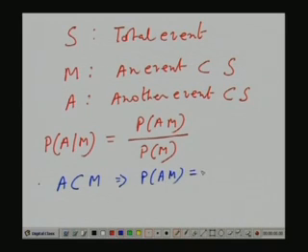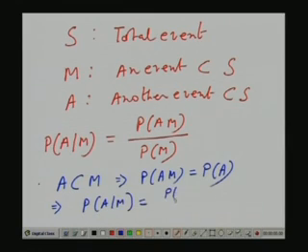So, P of A M is equal to P of A. In that case, P of A given M is P A by P M, which is surely, I am assuming that P M is non-zero, so this division is allowed.